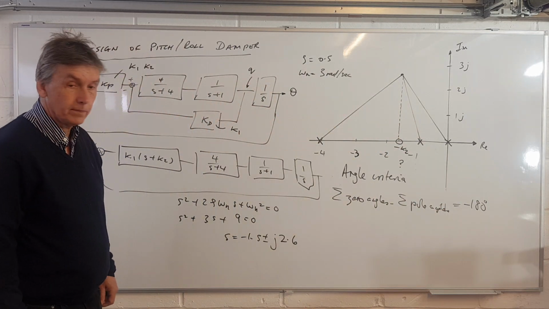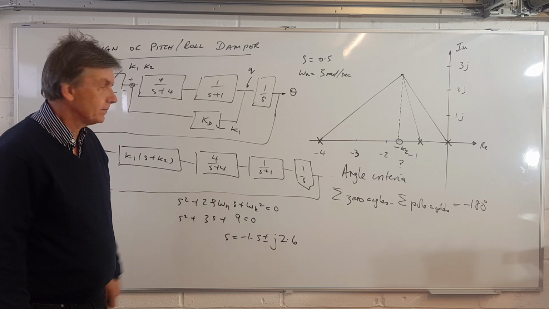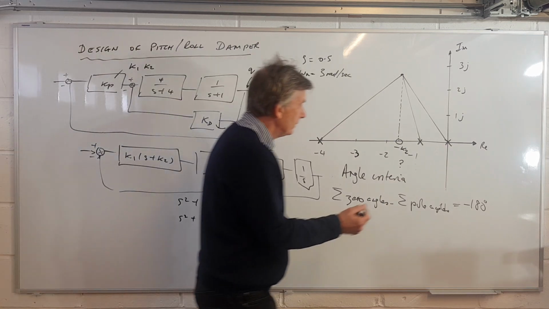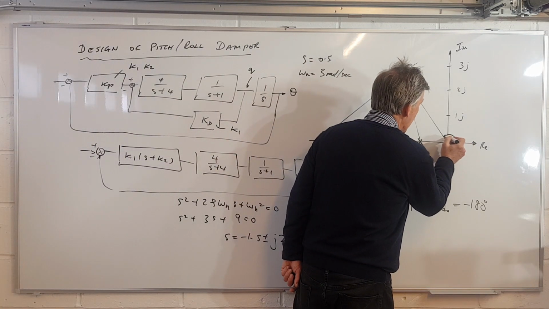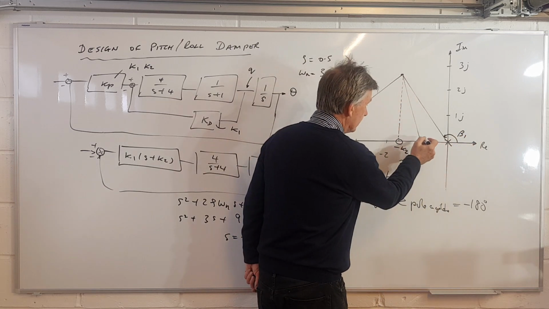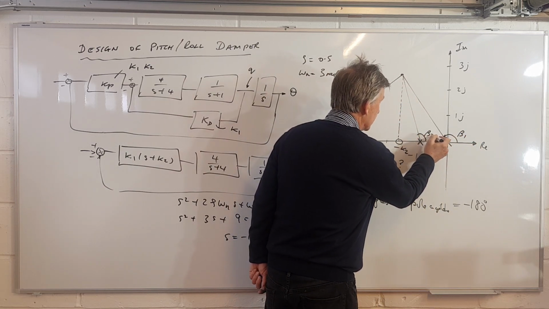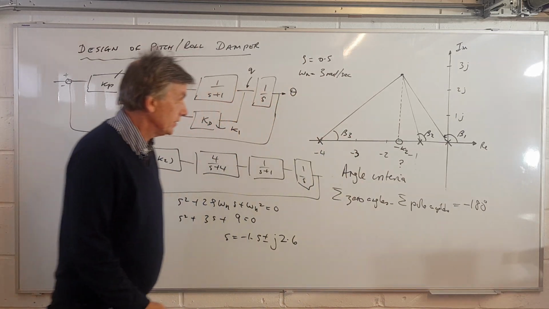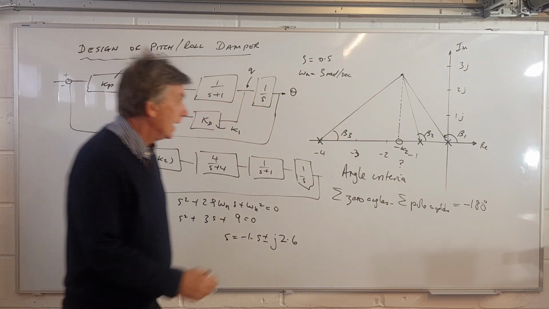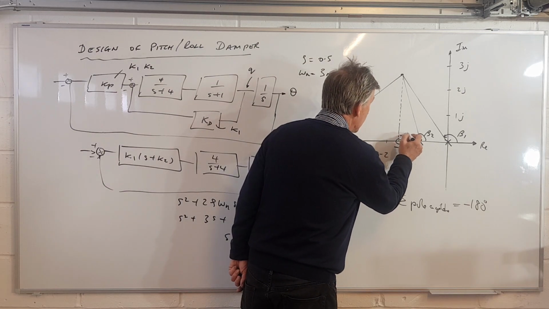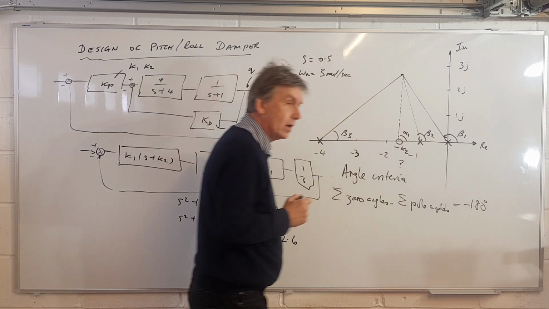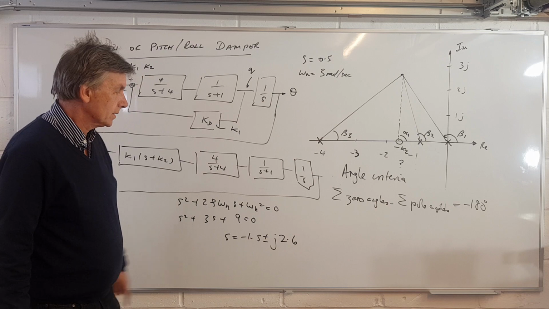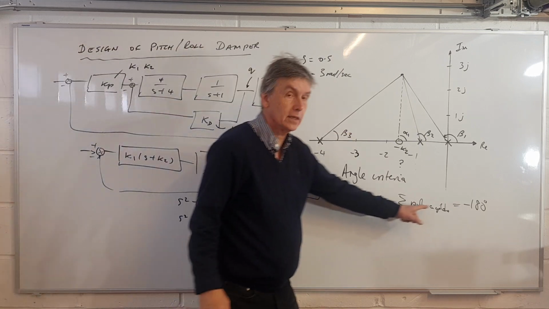So we can now take our protractor. I've not got one with me today, but we can measure this angle here and call that beta 1. Measure this angle here, call it beta 2, and measure this angle here and call it beta 3. So we'd have to measure those with a protractor, and we'd have this angle here, alpha 1, but we don't know what alpha 1 is. So we now put these parameters into this equation.